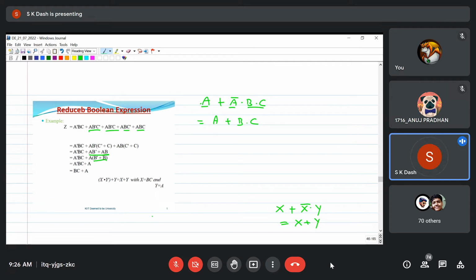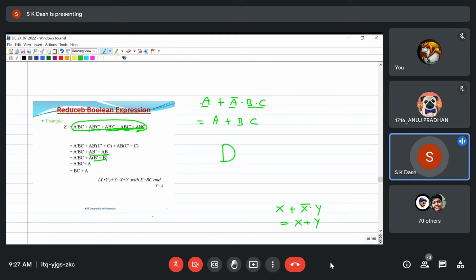So now, previously we were using 5 OR gates and 1 AND gate. Okay. Now, by reducing this expression with the help of the theorems, the same Z will now be equivalent to A plus BC. So how can I implement that A plus BC?